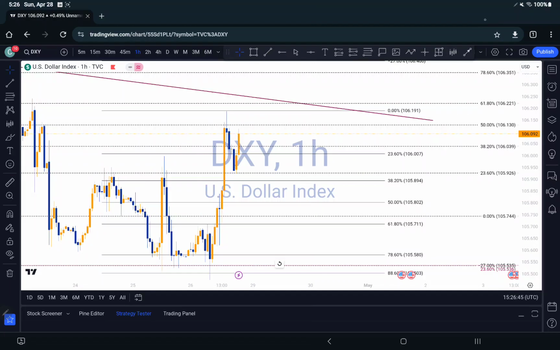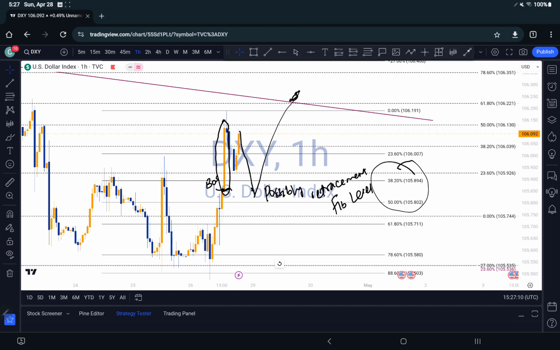Because we can see that this is where we have the imbalance right here before this beautiful candle right here. So there's a possibility for it to retrace around these two areas, possible retracement fib levels, before it continues to push to the upside.